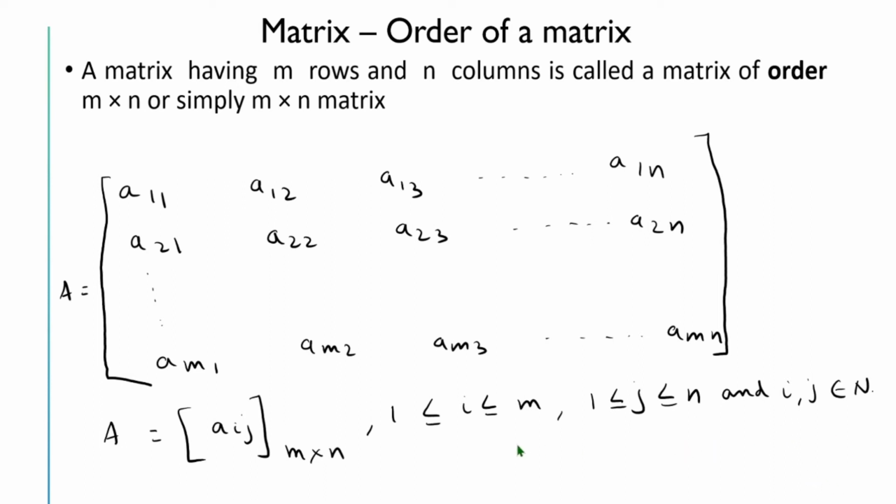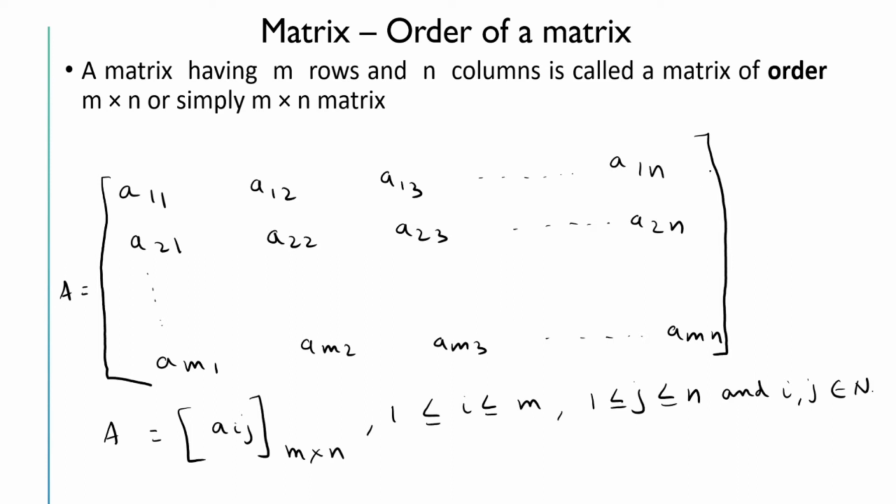So i and j are natural numbers, and the matrix A can be represented as Aij of order m by n, where 1 ≤ i ≤ m, 1 ≤ j ≤ n, and i, j belong to N.